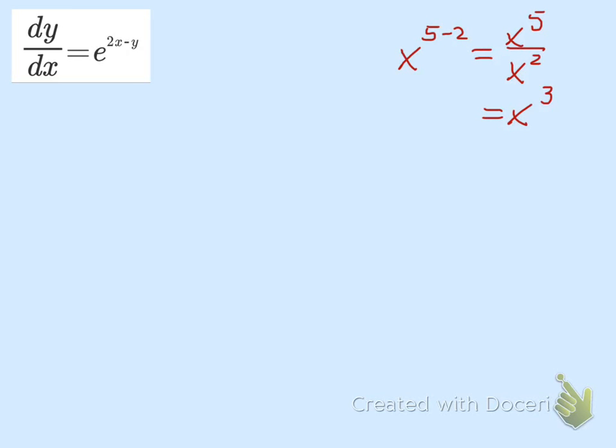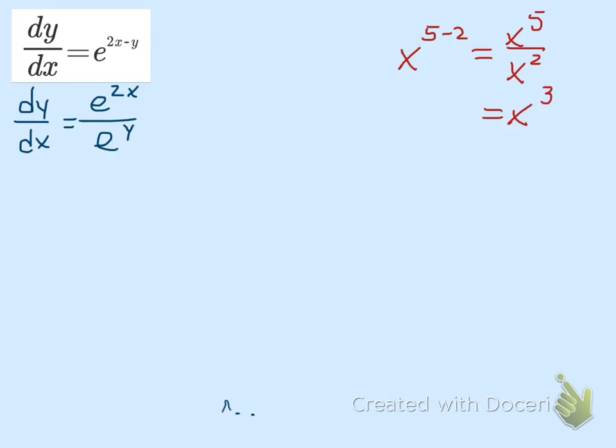So really here I do have a quotient and I can cross multiply in order to separate my variables. So I can rewrite this as dy/dx equals e to the 2x over e to the y. Because now, oh how nice, I can cross multiply.